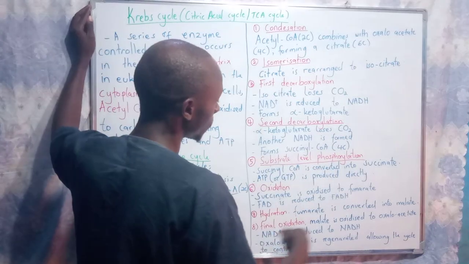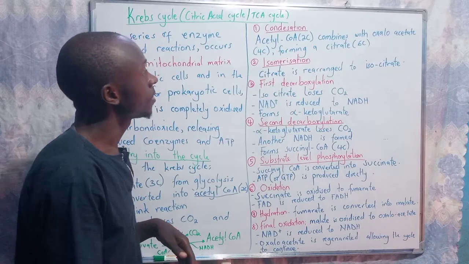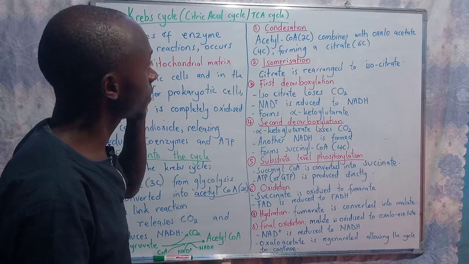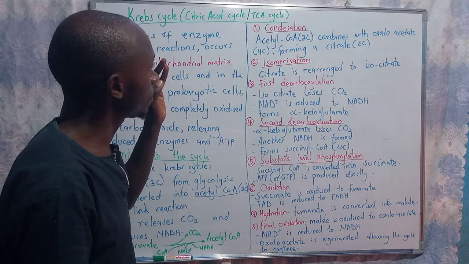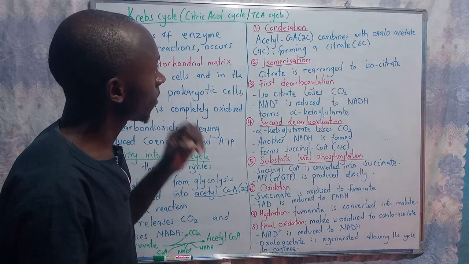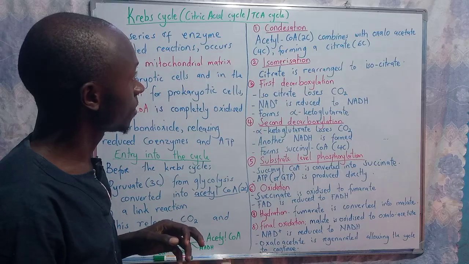Succinate, succinic acid. Fumarate, fumaric acid. So that is the first stage, the condensation stage. We have the acetyl coenzyme A, which is a 2-carbon molecule, combining with oxaloacetate, which is a 4-carbon molecule, forming citric acid or a citrate.